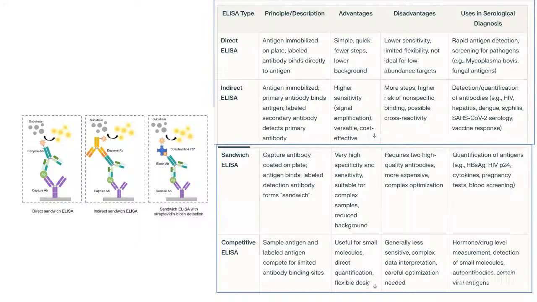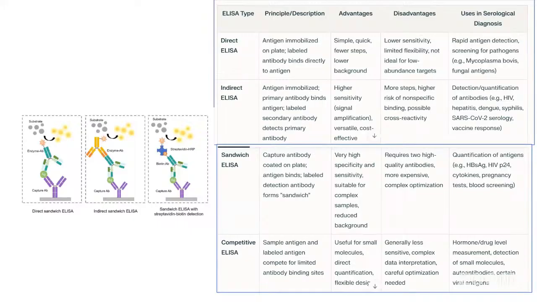That is the basic idea of ELISA that we all know. Then you make it a bit more complex to make it more specific and sensitive, like the indirect ELISA, where you use two antibodies: a secondary antibody, then a secondary antibody conjugated with an enzyme. Then you use the substrate, so you want to increase the sensitivity.